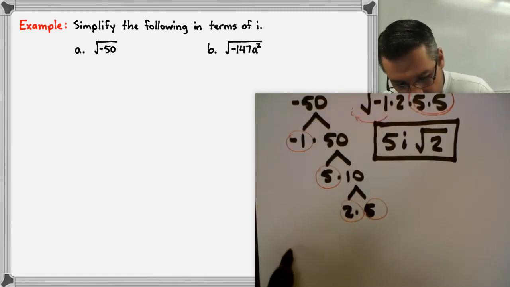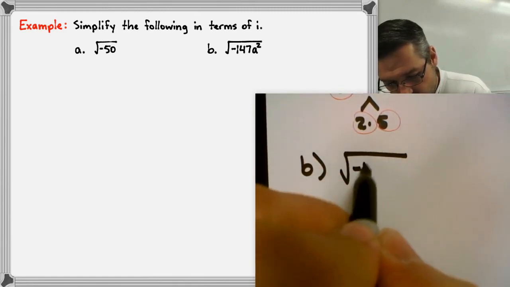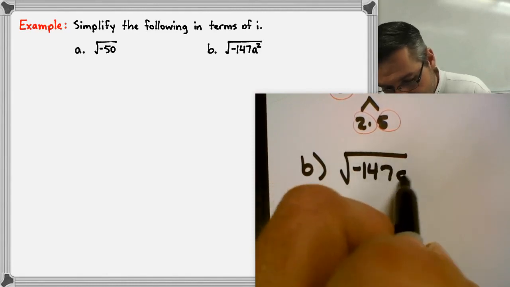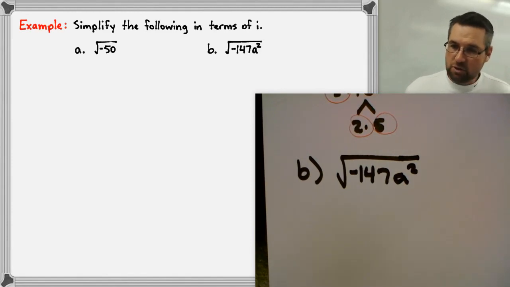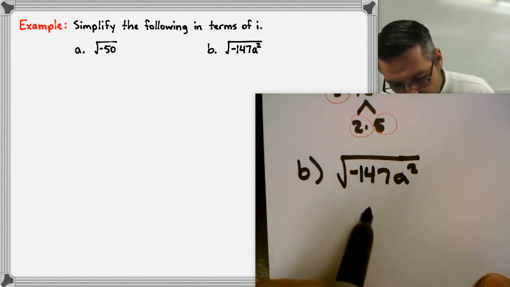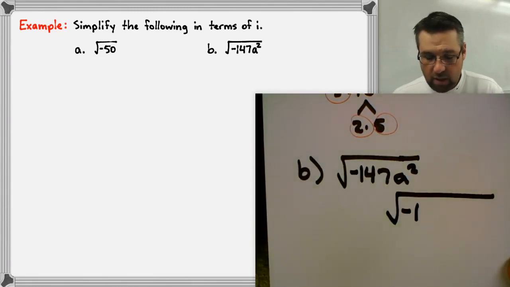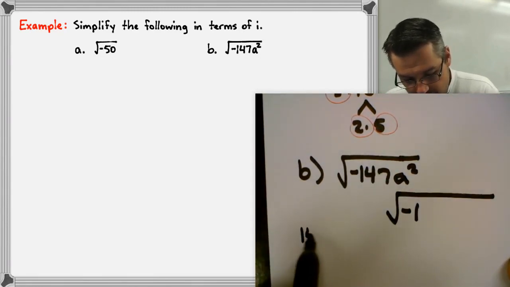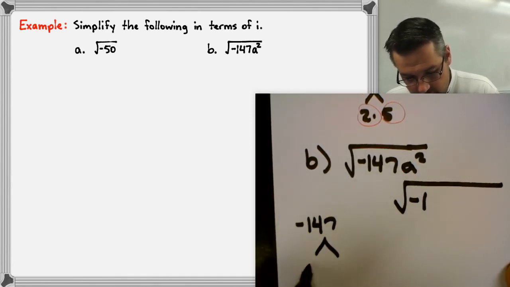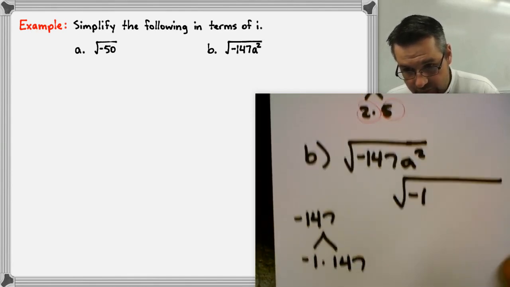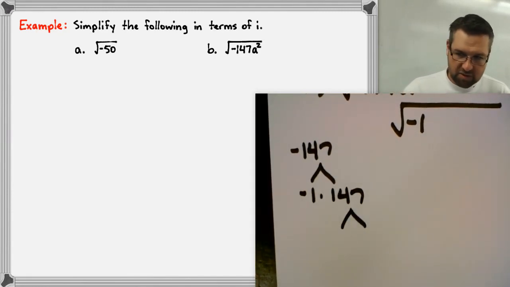All right, for B, we have the square root of negative 147a squared. Okay, we're trying to simplify this. Well, we're going to factor it just like we normally would. We know for sure that we have a negative 1 in there, so I'm just going to write that down. And then I'm going to do my factoring tree off to the side. And I can put the negative 1 here, that's fine. Negative 1 times 147. And then 147, well, that's not divisible by 2.